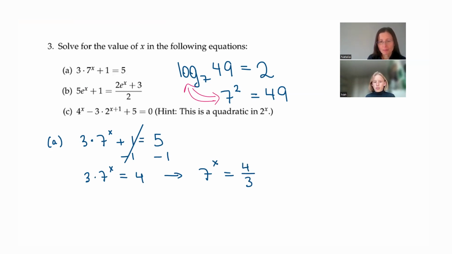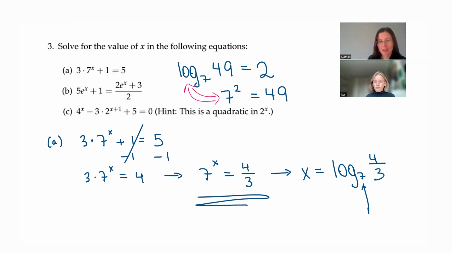And then we turn that into logarithm. So x equals log base 7 of 4/3. That's right, because the logarithm asks 7 to what exponent equals 4/3. So that's exactly the exponential statement. And then we can enter it in the calculator to find the answer.